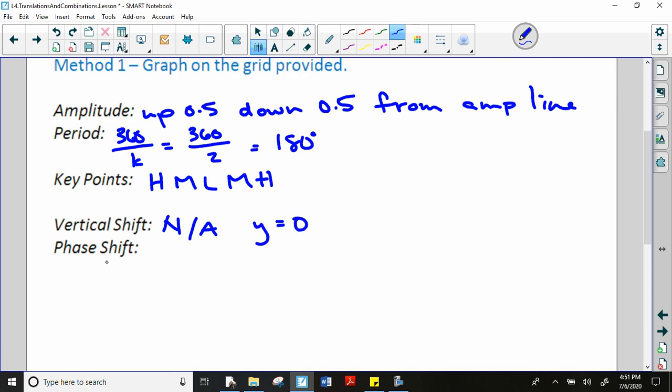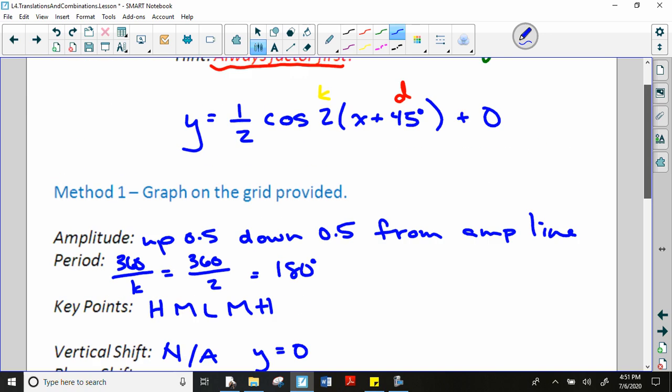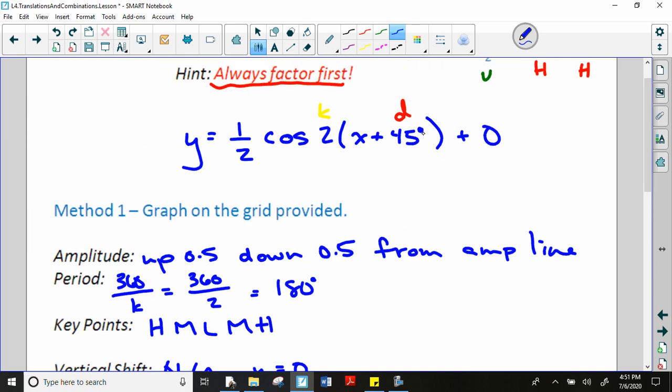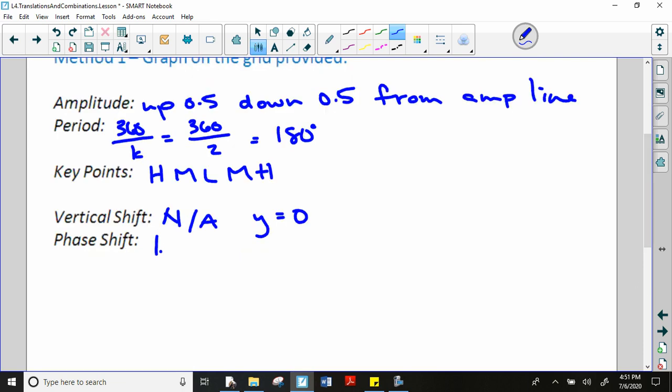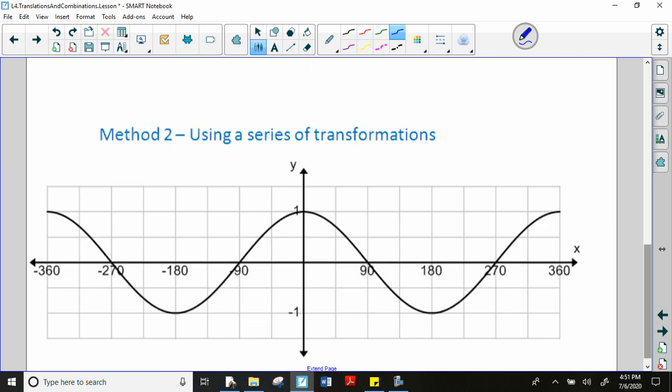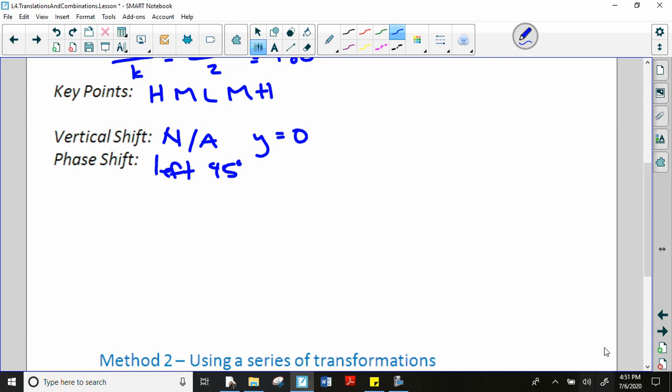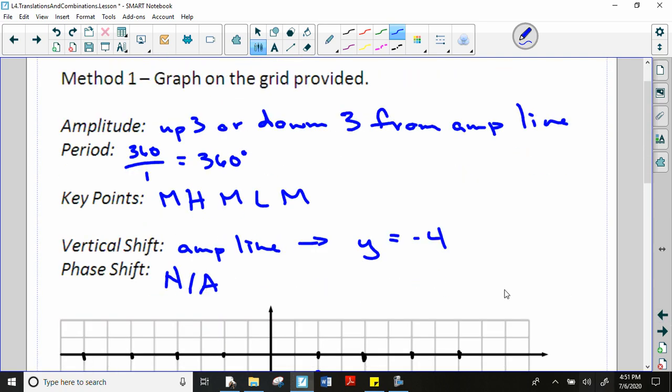And then our phase shift, we actually have a phase shift, but we have to go from our factored version to say what the phase shift is. This is 45 degrees left. Left 45 degrees.